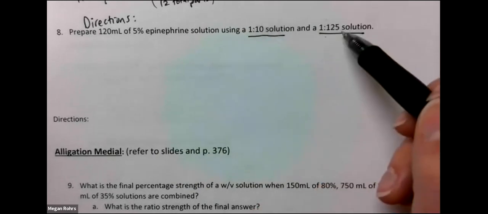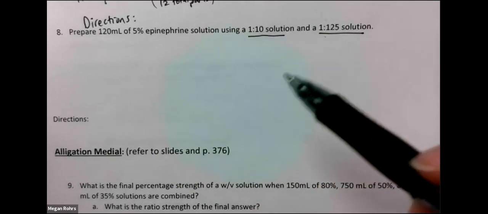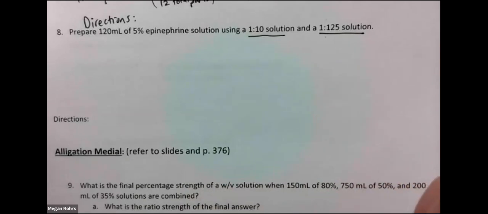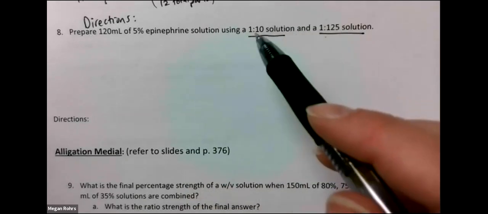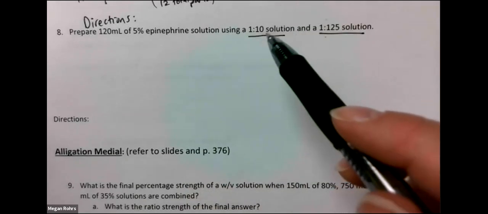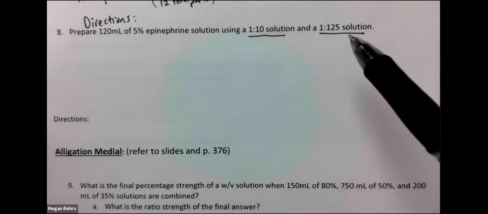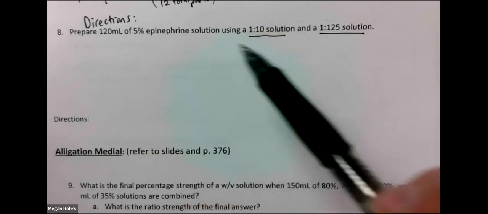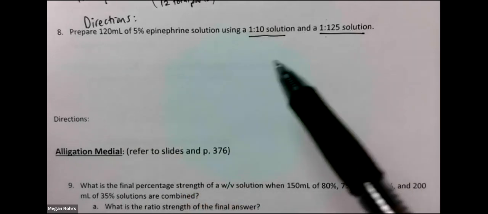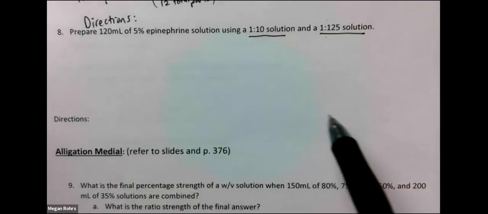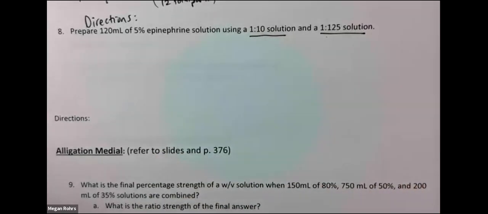So if you're still struggling with this concept, like I said, go back to last week's recordings. Make sure you understand how to go from a ratio into a percentage strength. Then I would like you to solve the alligation alternate for each of these solutions, and then write out the directions to make this compound.